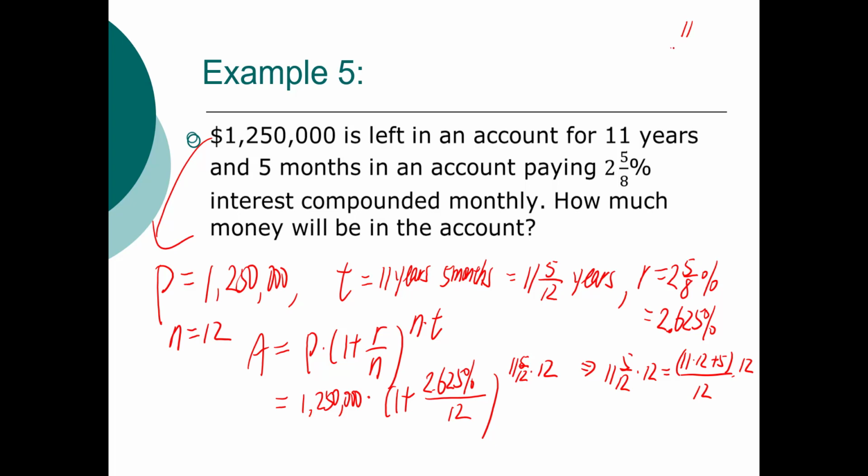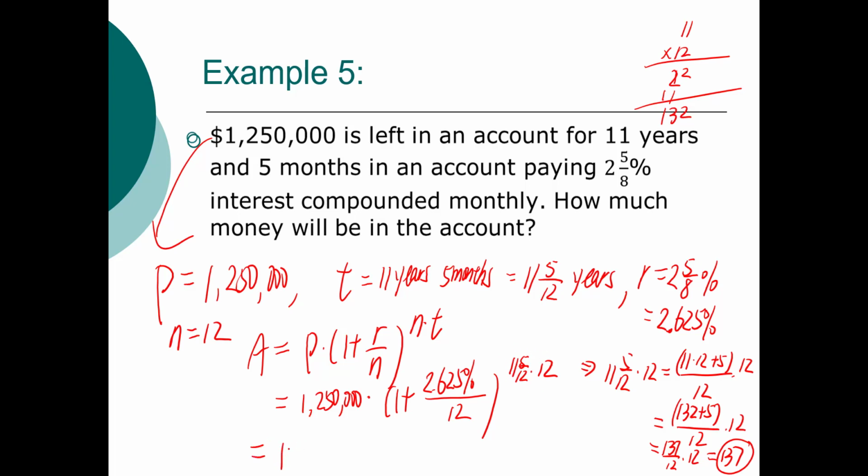And 11 times 12 is 132, and 132 adding 5 is 137. It's 137 over 12 times 12. So the exponent is 137.